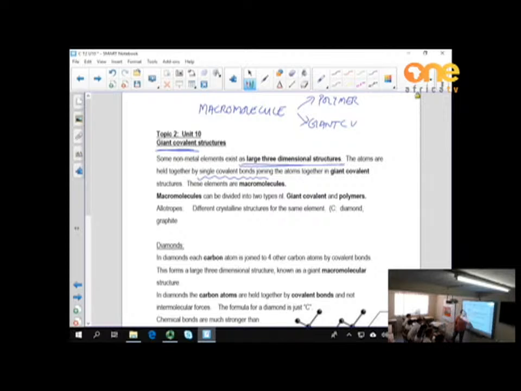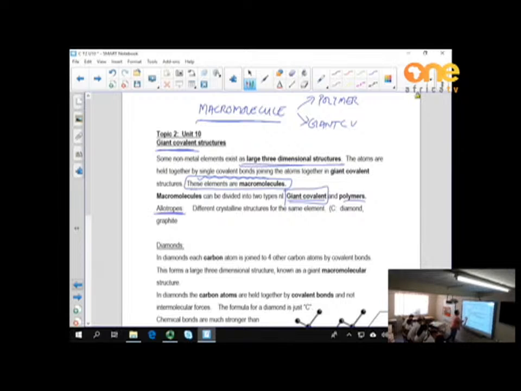And they are joined together to form giant covalent structures. They form part of the group of molecules known as macromolecules. Macro, large. Macromolecules can be divided into 2 types, giant covalent and the polymers. Now, we are looking at the giant covalent. The polymers we'll do later on.